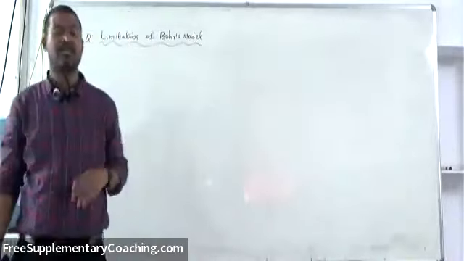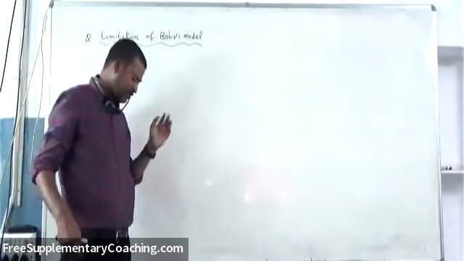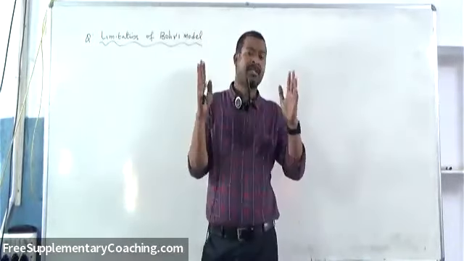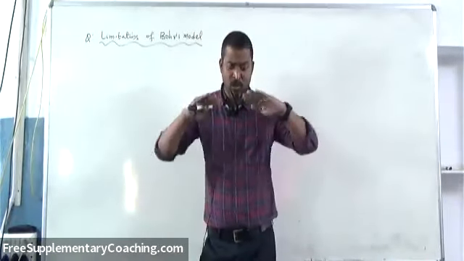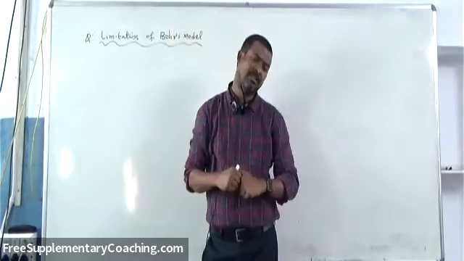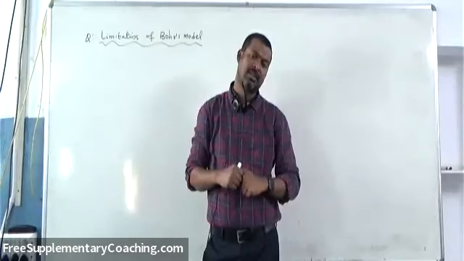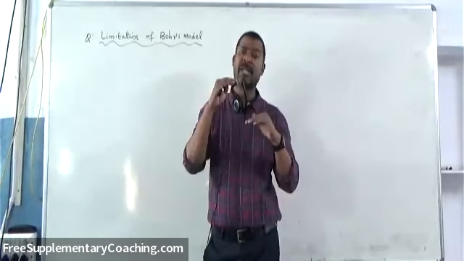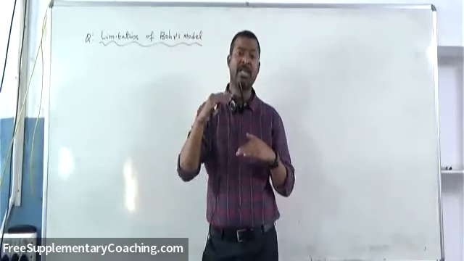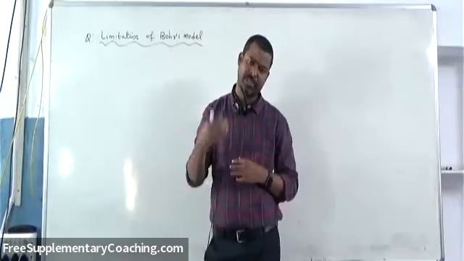Then the third postulate is given as, just now we discussed the series, right? Based on that only: when an electron makes a transition from lower to higher, it will absorb energy, and when it makes a transition from higher to lower, it will emit energy.